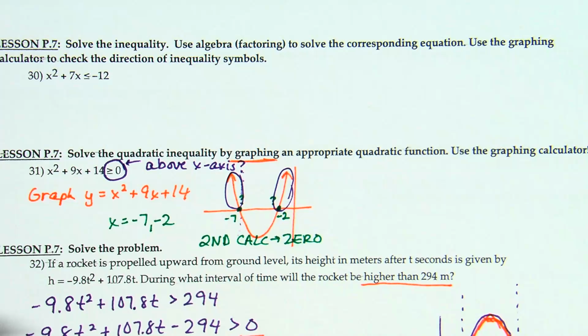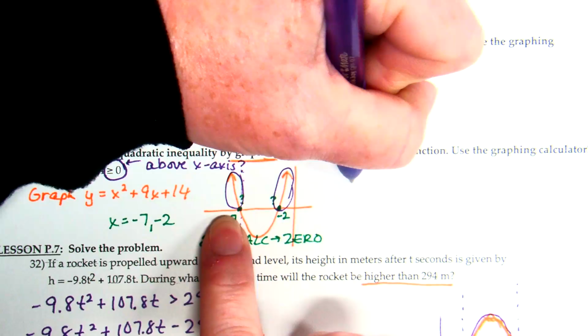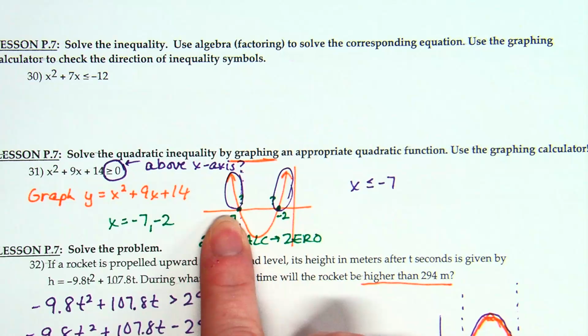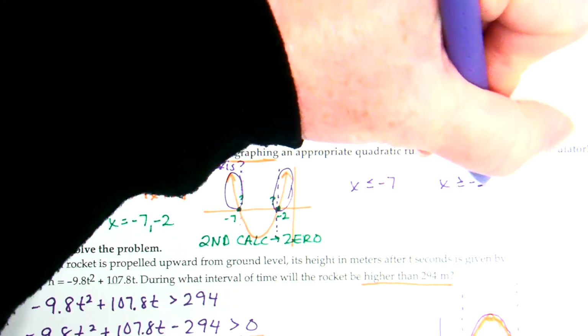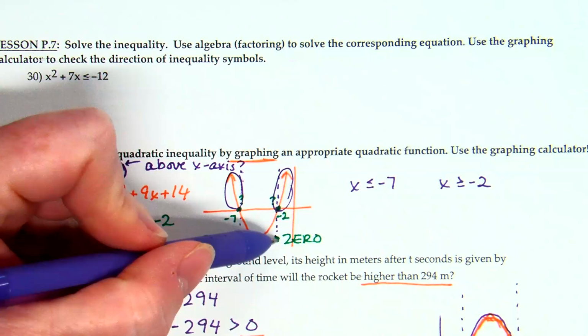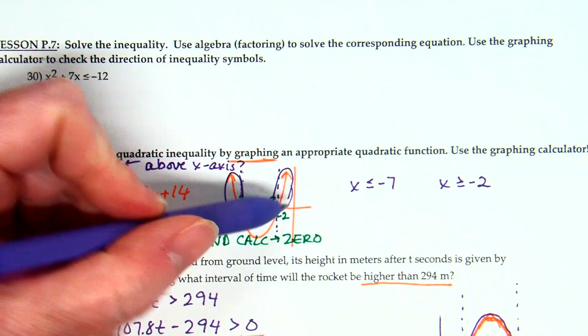So that's kind of like saying x less than or equal to -7. This piece over here on the right is to the right of what x value? -2. So it's greater than or equal to -2. Because values to the right of -2 are greater than or equal to -2. I put equal to because the original problem had equal to.